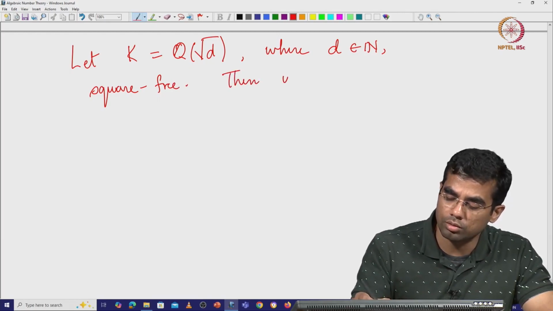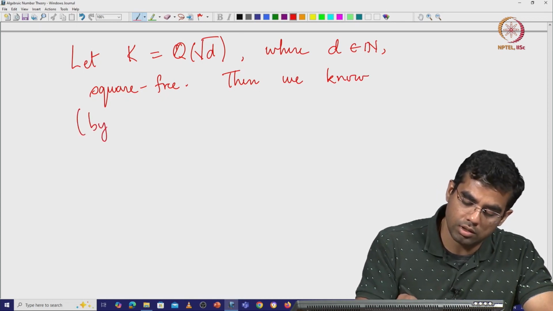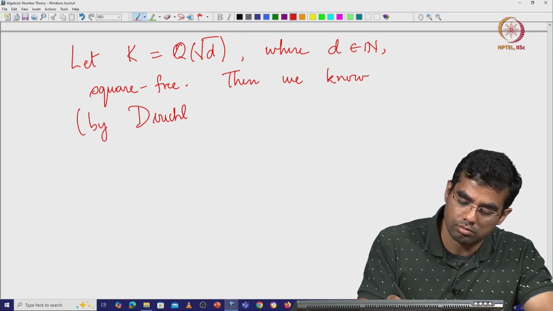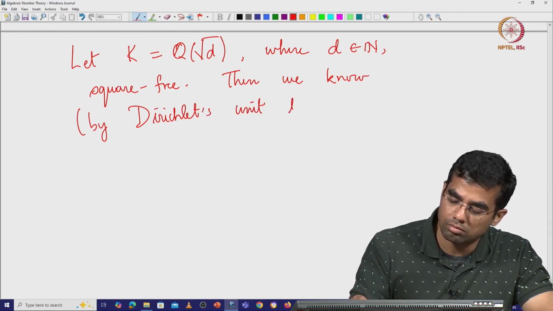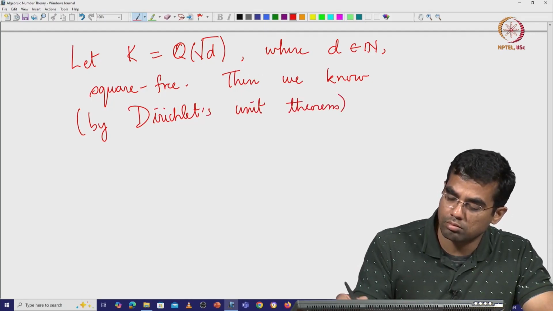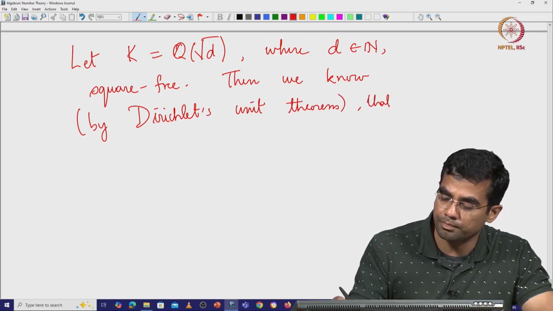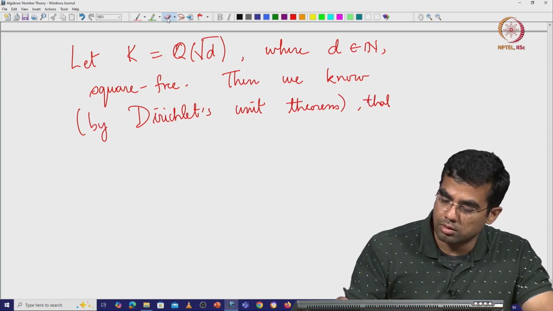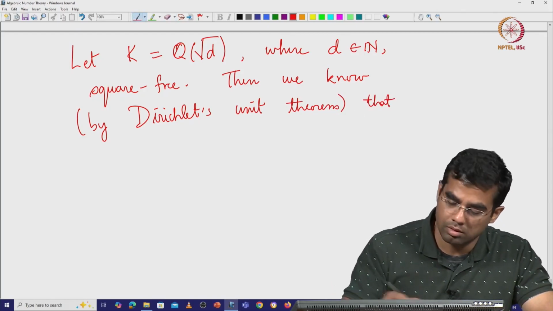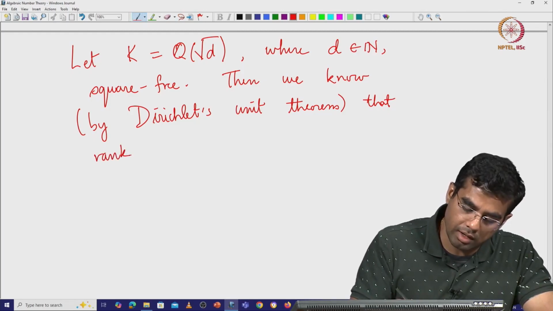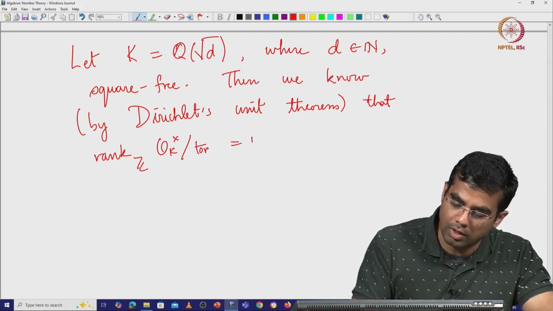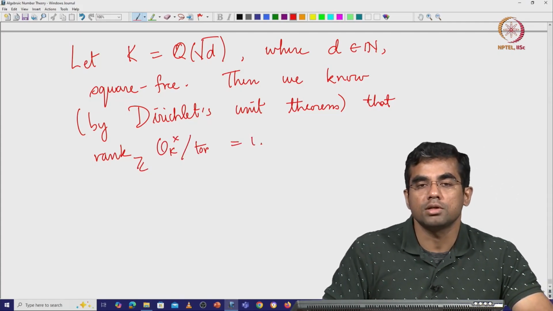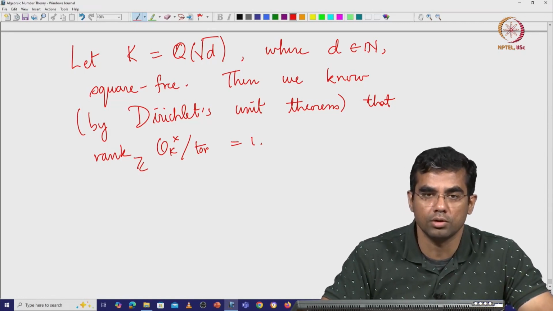Then we know, by Dirichlet's unit theorem, that the Z-rank of O_K cross modulo torsion is 1. So, this is a group of infinite order, O_K cross.